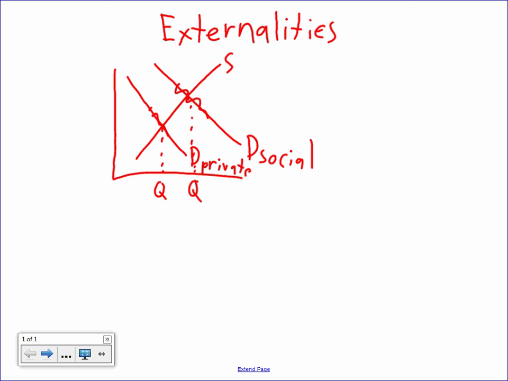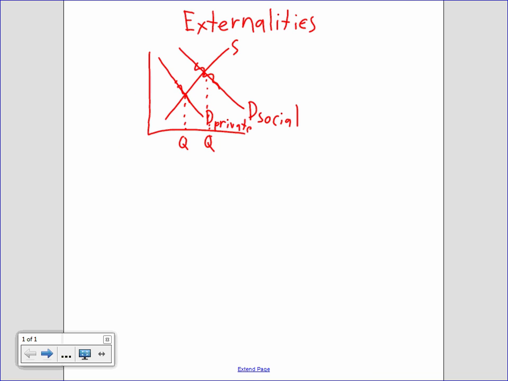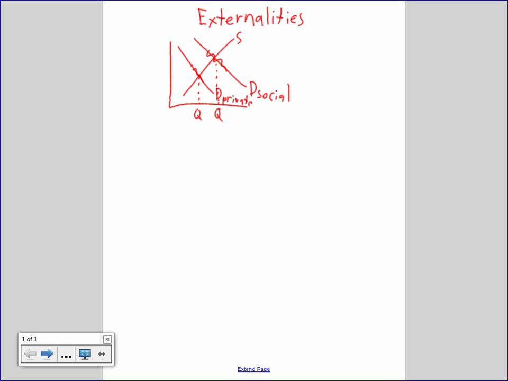Now, a negative externality is the opposite. All of the costs to society aren't reflected in the supply curve. So that would look something like this. You have your demand curve, and then you have a social supply curve and a private supply curve. Your social is right here.